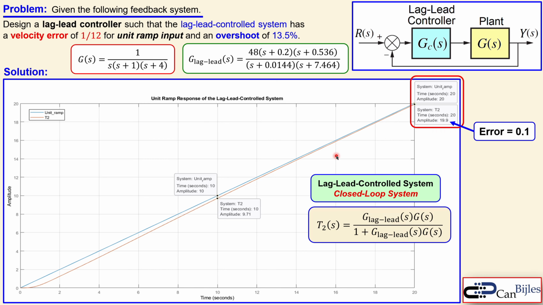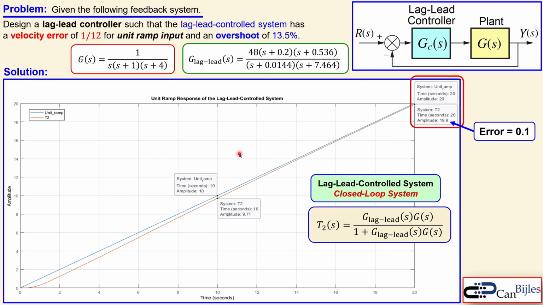So this system is really doing what is required. We also see in the unit ramp response that the required velocity error of exactly or at least 1 over 12 is definitely the case, and the overshoot we have seen is also met. So our design is completed and according to the required specifications for this example.